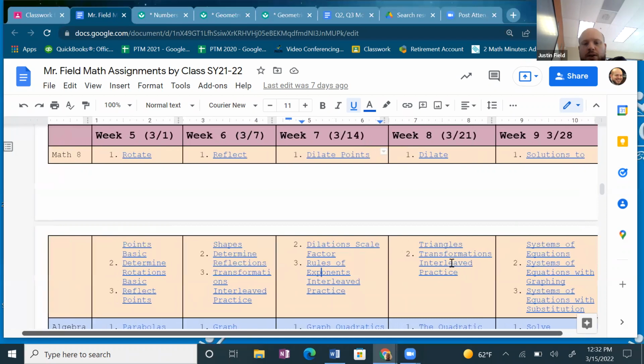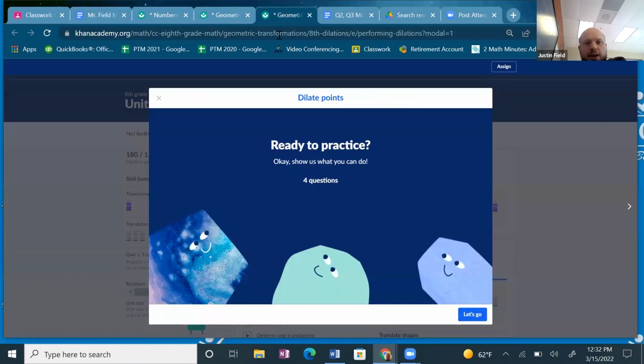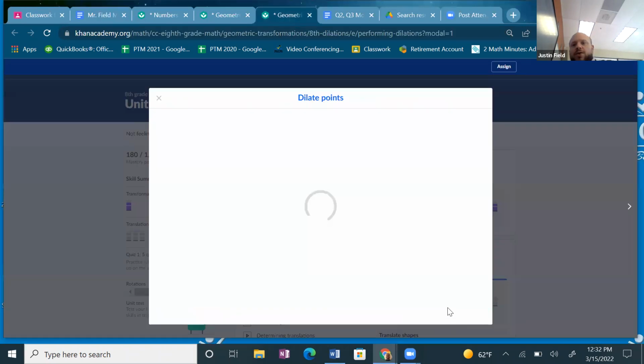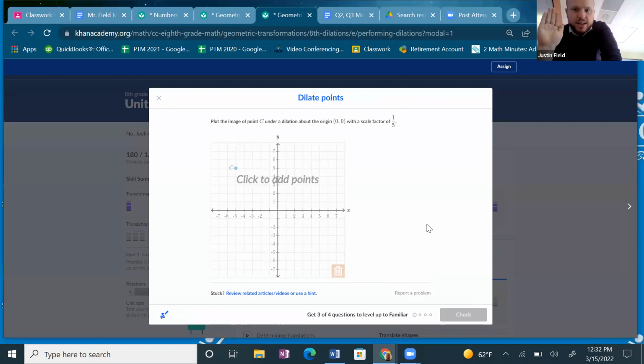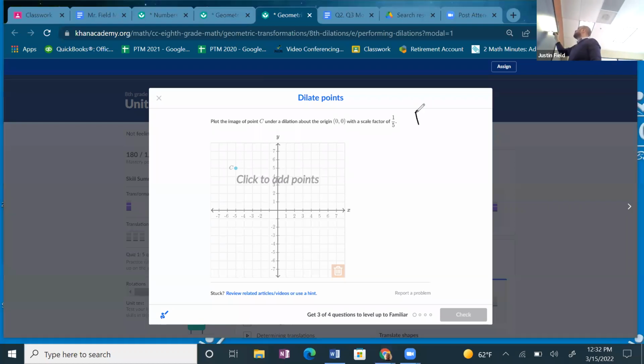All right, so let's start with dilating points. If you remember, dilating is the enlarging or shrinking of shapes and points, even points. Dilations have a center and they have a scale factor.